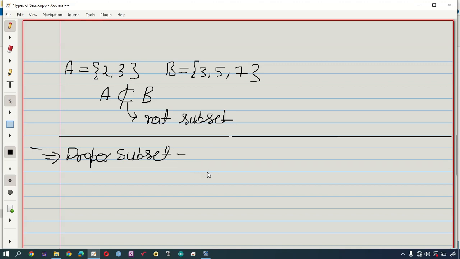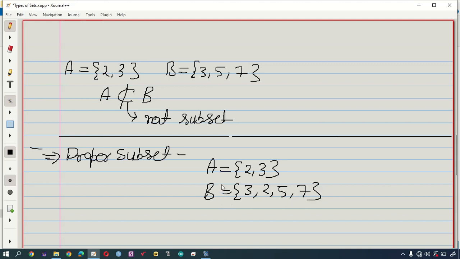Just I am giving you an example. A is equal to 2 and 3 and B is 2, 3, 5, 7 also.